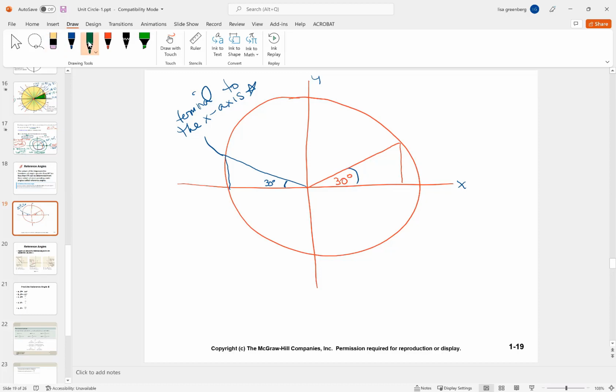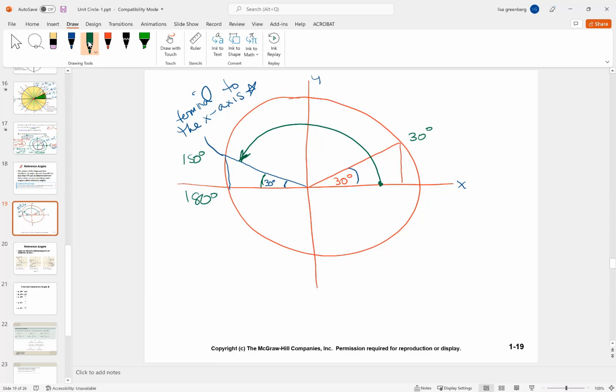So, for example, this I know is 30 degrees, and this is 150 degrees, because I'm adding all this up and I'm going all the way from 0 to 150 degrees. I know this is 30 degrees because 150 plus 30 is 180, and it's 180 degrees to the left side or to the negative x-axis.